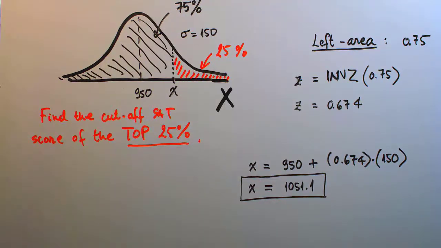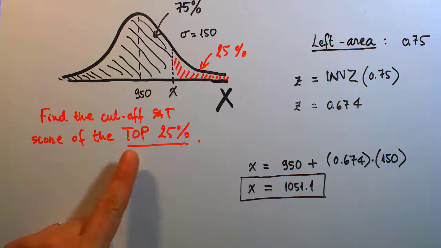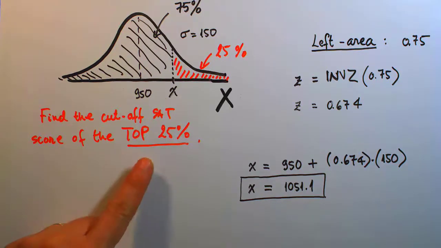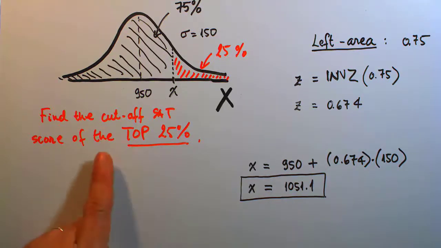It is pretty much the same question, but instead of wording it as the bottom 75%, sometimes the exact same problem could be worded as finding the cutoff SAT score of the top 25%.